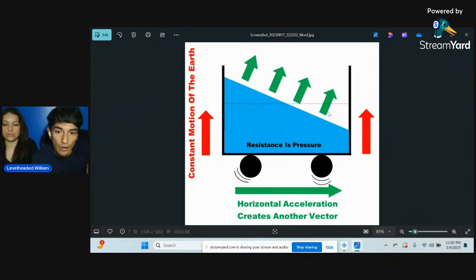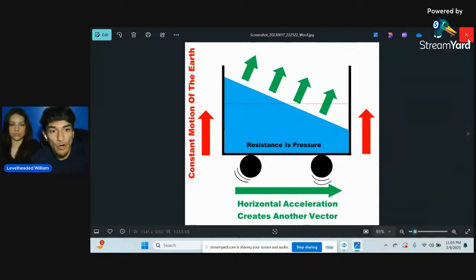So the water reacts to force and levels out relative to the direction of the force. If we have an upwards force and then a horizontal force, the vector is going to be diagonal. That's going to be the true vector of this reference frame. So water follows the direction of the force. It reorientates relative to it. So this is a fact, right?